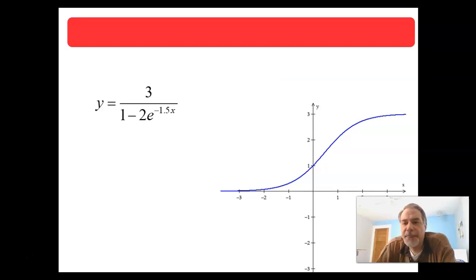This kind of model is used to describe a situation where there's some rumor or piece of news that gets spread from person to person, and at first only a few people know about it, but they tell other people, and those people tell other people, and eventually lots of people know. Or there's a funny video that goes viral and spreads from person to person as people share it with their friends.